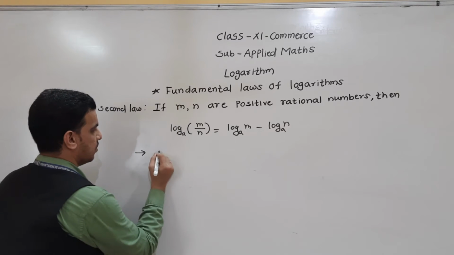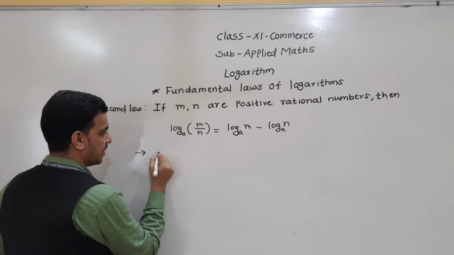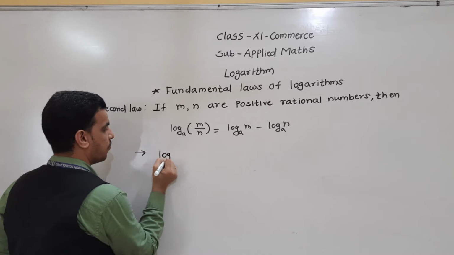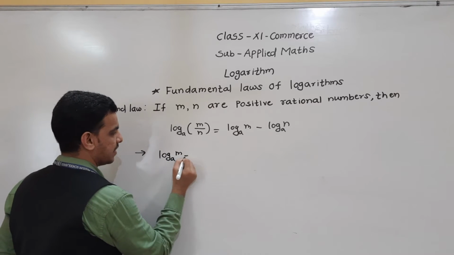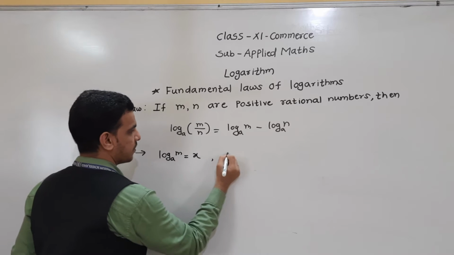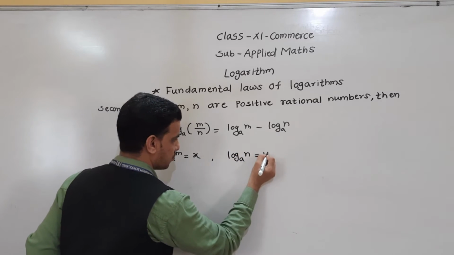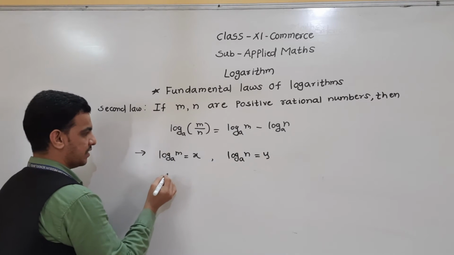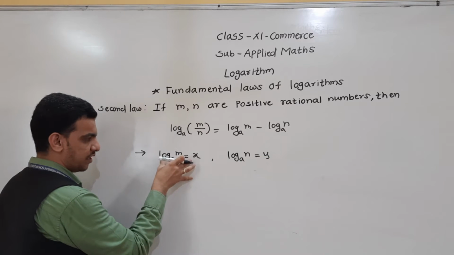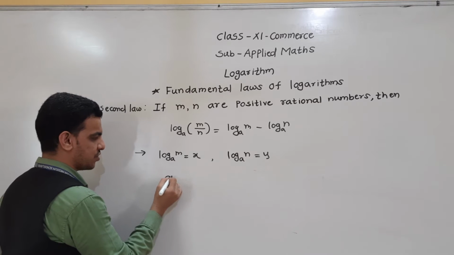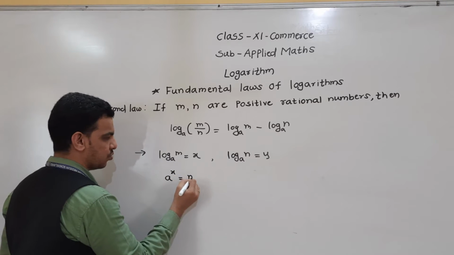Okay, so again in the same way, we suppose log of m to the base a is x, and log of n to the base a is y. Then if we convert to exponent form, a raised to x is equal to m.